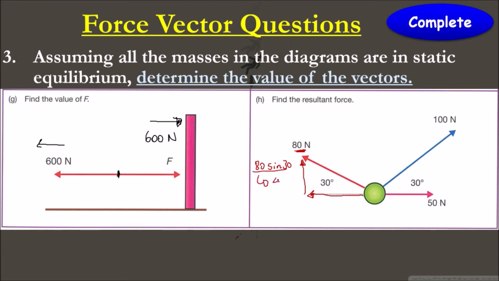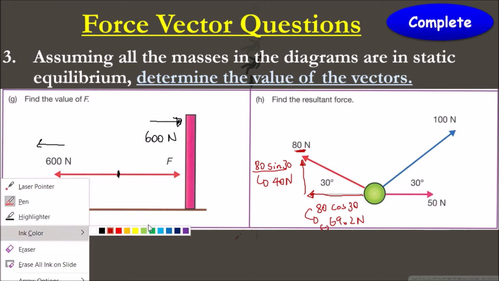So that's roughly 40 newtons. If we look at this side here, that would be 80 cos 30, and we get 69.2 newtons. Let's call this the negative side for now, because I'm going to need to add with this arrow here later on anyways. I'll call that bit positive.